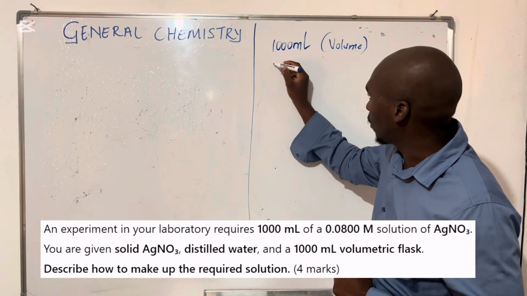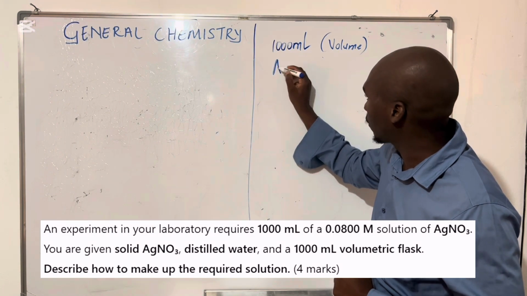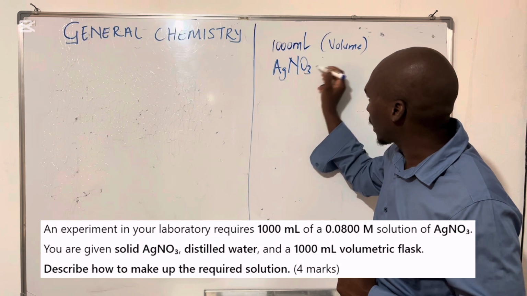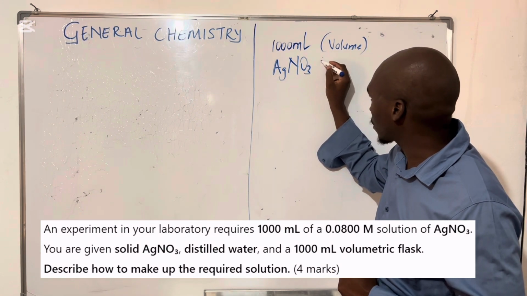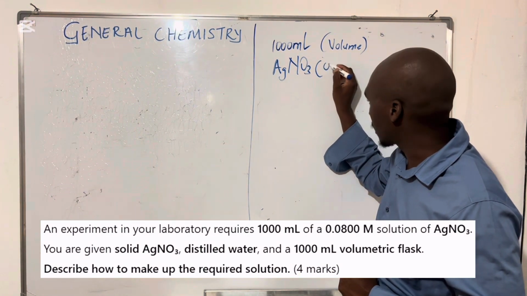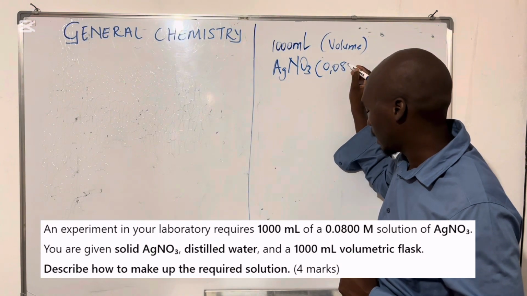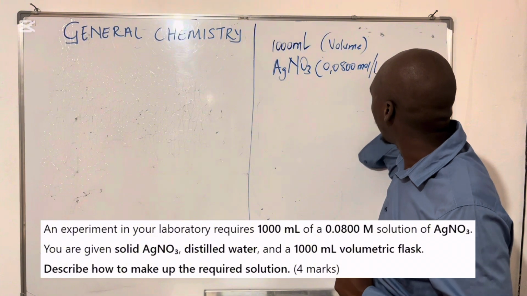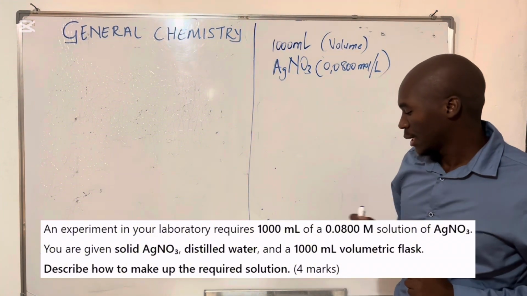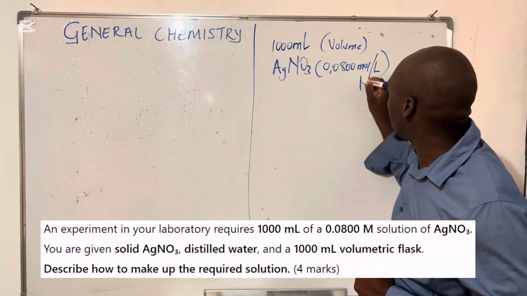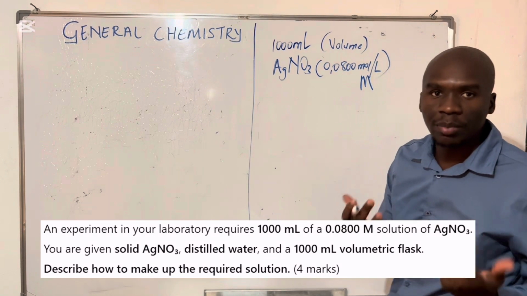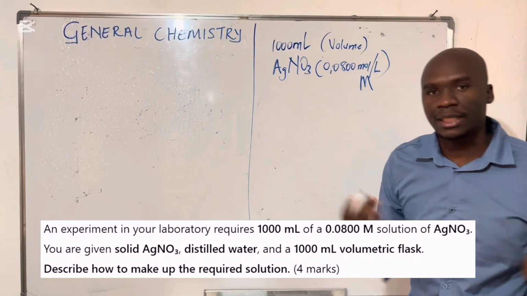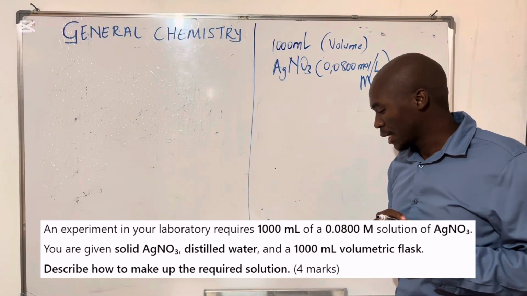Of AgNO₃, and then its concentration is 0.0800 mole per liter. So actually this capital letter M is the same as mole per liter. It's one and the same thing in this case.